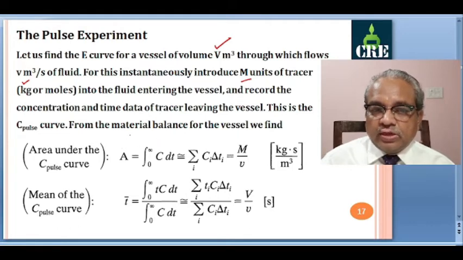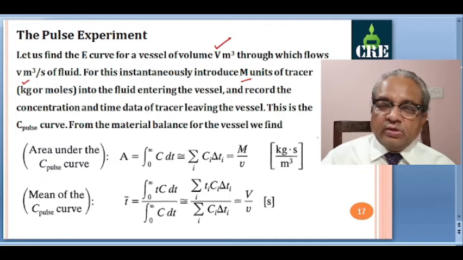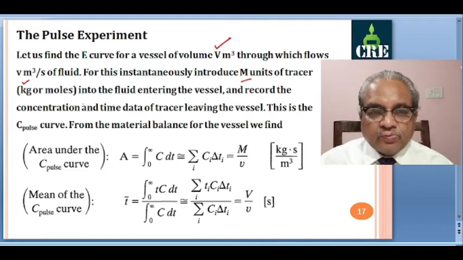You introduce that at the entrance, and you can see this through the transparent tube, and then it comes out, and once it starts coming out of the reactor, periodically you take the readings till it disappears. At different times, the concentration initially will be low, then it will pick up, then some maximum will be reached, and then it will come down, and finally it vanishes.